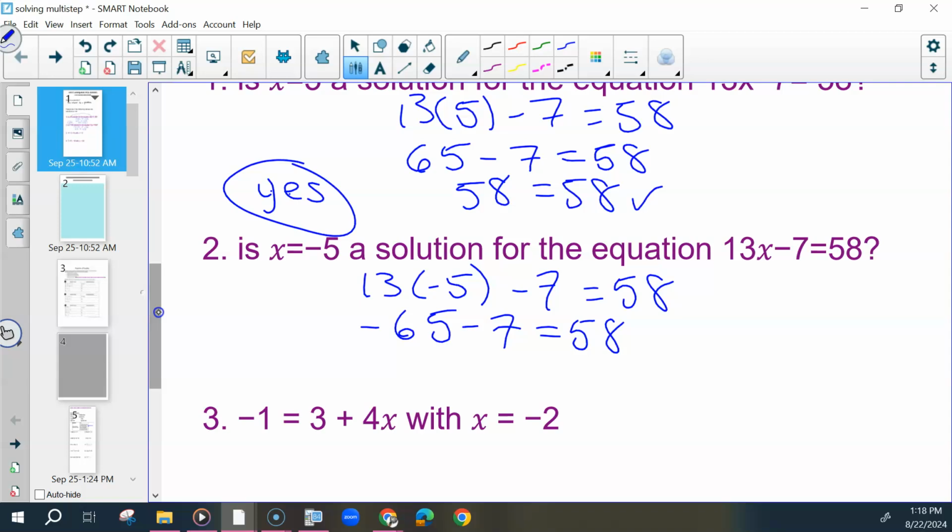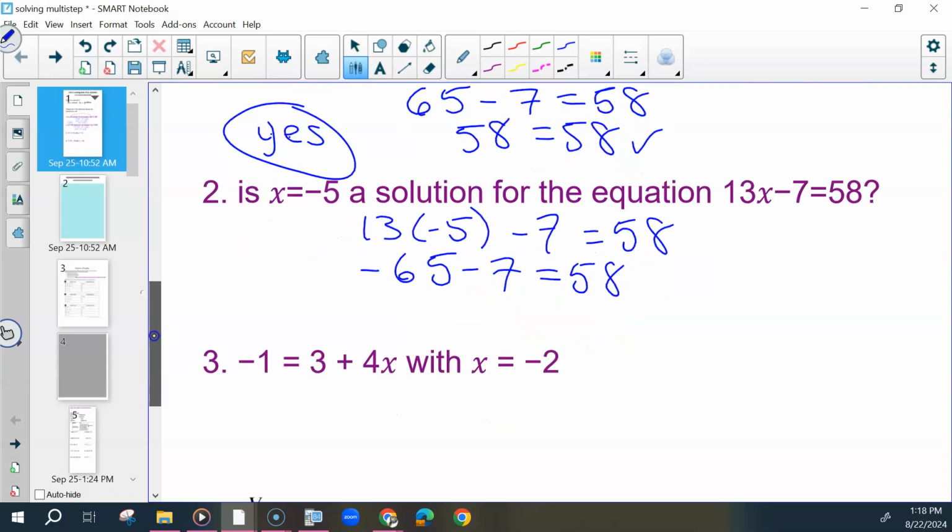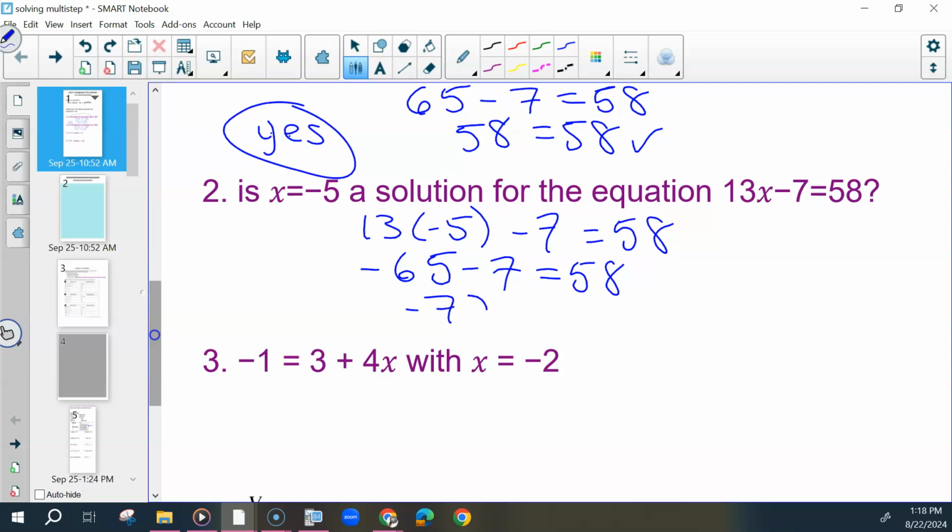And then if I subtract -65 and 7, what do we get? -7. And does that equal 58? No. Those are not the same. This is not a true statement, true equation. This is not the solution.